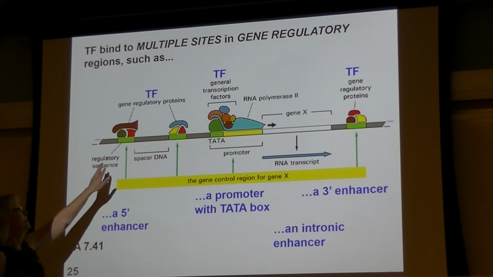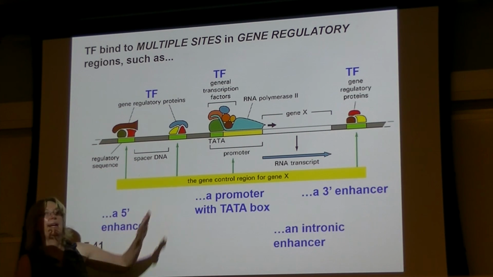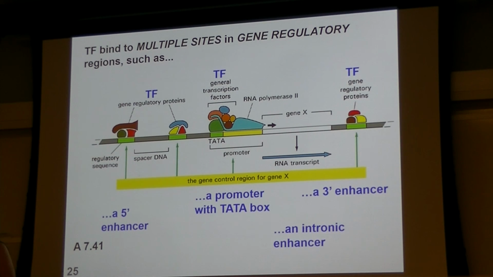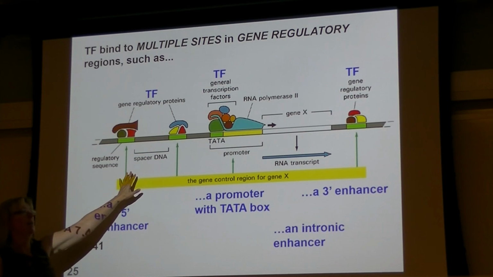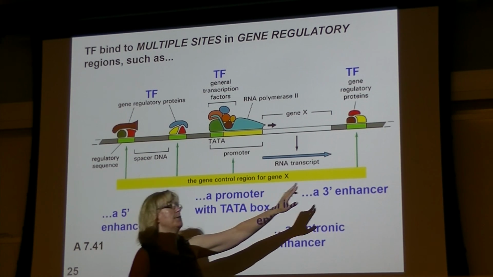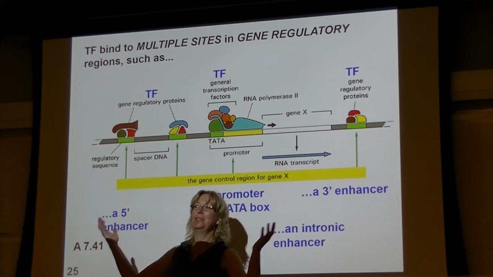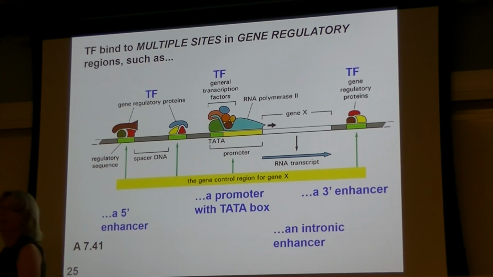And then we have enhancers. So these are specialized regulatory sequences for that gene. And again, we often think of these as being upstream of the promoter, but they can be in different places. They could be downstream. They could be in introns. And amazingly enough, they could be 1 million base pairs away and still influence the transcription of that gene.